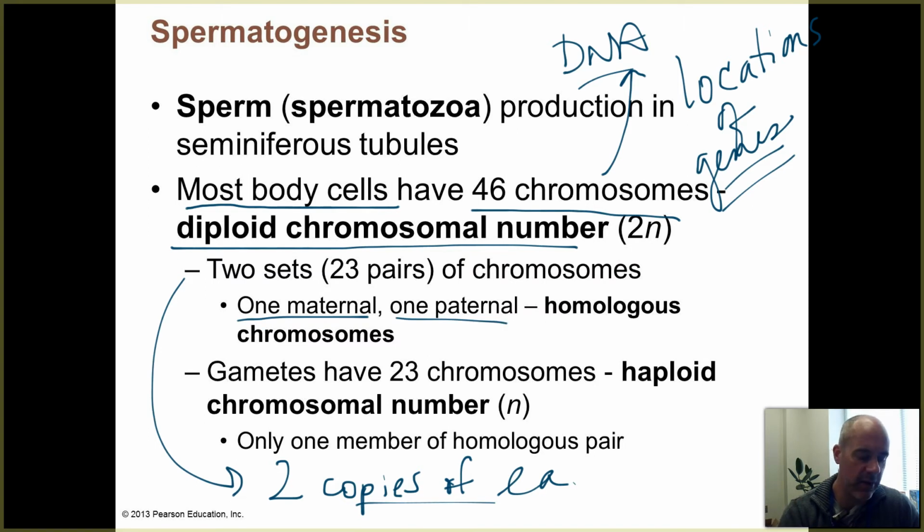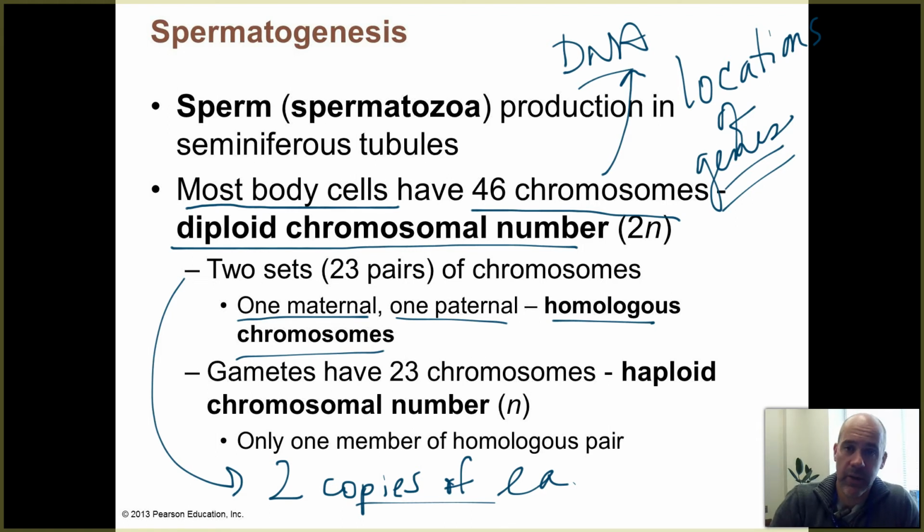The 2 pairs are called homologous chromosomes. Homo meaning the same. Now, they're not identical because you can have differences in the genes located on these chromosomes when you're comparing the version you got from mom and the version you got from dad, but nevertheless they're considered to be homologous chromosomes.